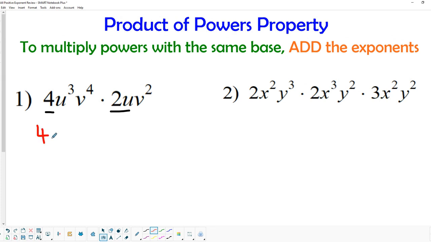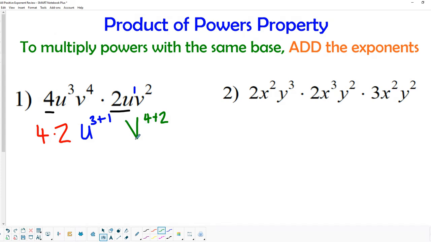We're going to do 4 times 2 for starters. Then we're going to look at the u's, and we're going to have u to the 3, and we have a 1 right there, so 3 plus 1 for the power. And then for our v's, we've got a 4 and a 2, and since we're multiplying them, we add the exponents, so 4 plus 2.